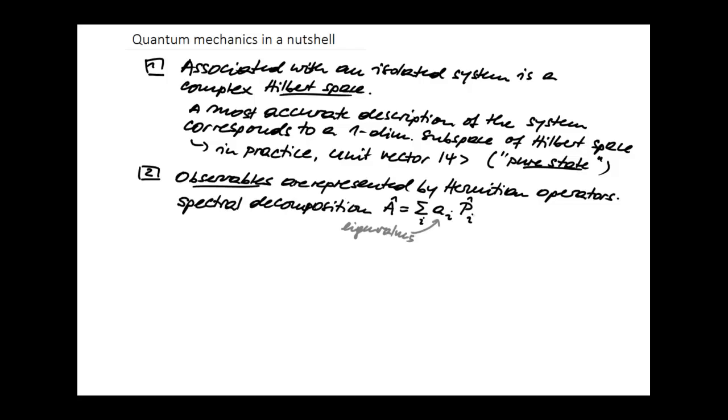I take an observable A, a Hermitian operator, and I can always write it in the following form: the sum over i of little a_i, where these little a_i are the eigenvalues of my observable, multiplied with the projector P_i, which projects onto the associated eigenspace corresponding to that eigenvalue.